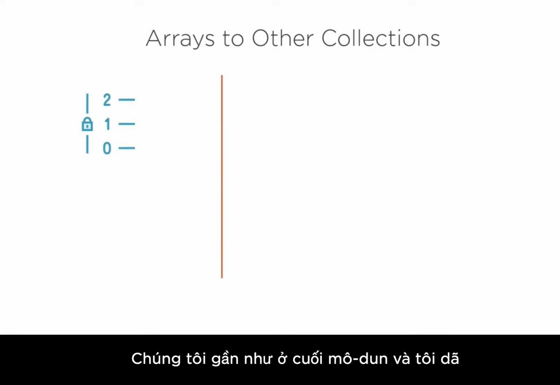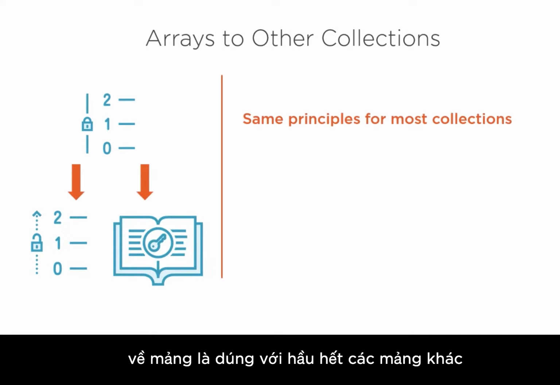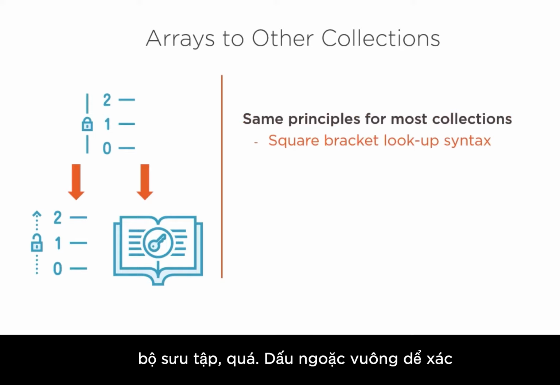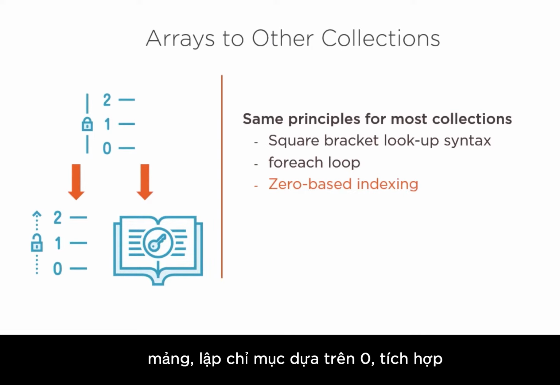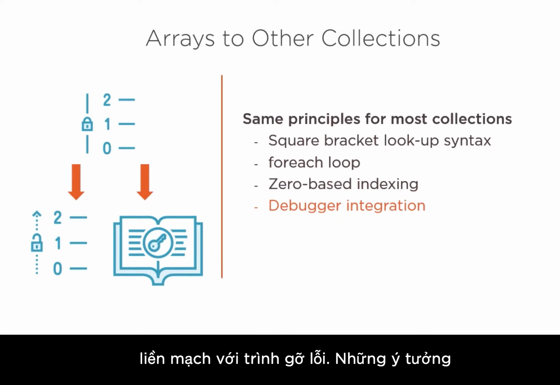We're almost at the end of the module, and I've shown you a lot about arrays. But actually, you've learned more than you might think, because almost everything I've shown you about arrays is true for most other collections too. The square brackets to identify an element of an array, using the for each loop to enumerate every item in an array, the 0-based indexing, the seamless integration with the debugger.